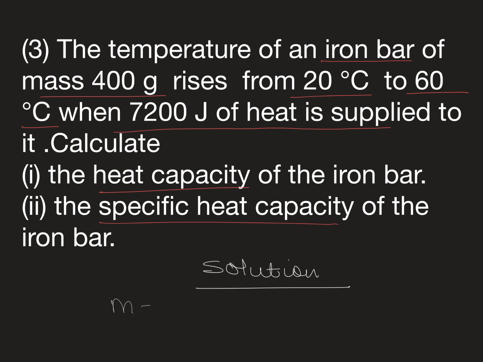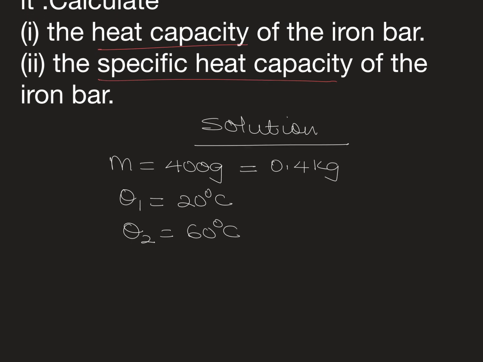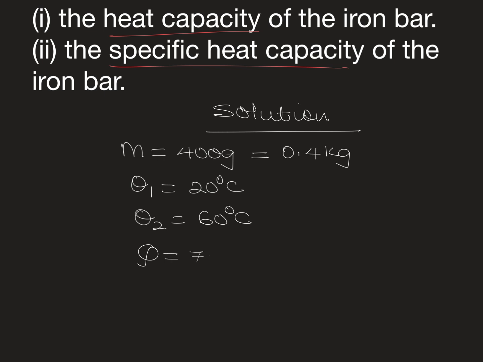The mass of the iron bar is 400 grams, which is the same as 0.4 kilograms. The initial temperature of the iron bar is 20 degrees Celsius. The final temperature of the iron bar is 60 degrees Celsius. The quantity of heat supplied is 7,200 joules.